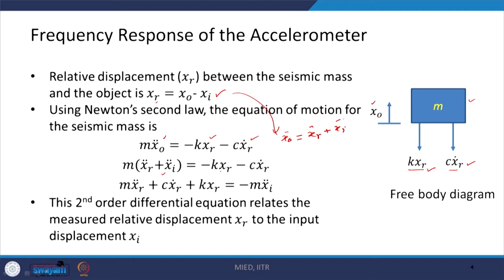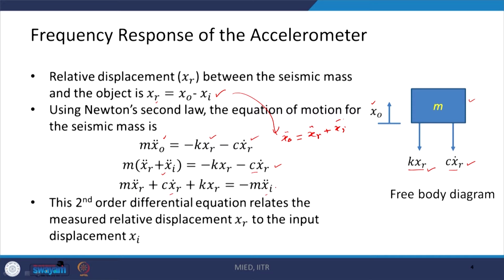So, this is minus k xr minus c xr dot, and I can take all the xr terms to the left hand side, with xi on the right hand side. This is what I get: m xr double dot plus c xr dot plus k xr is equal to minus m xi double dot.